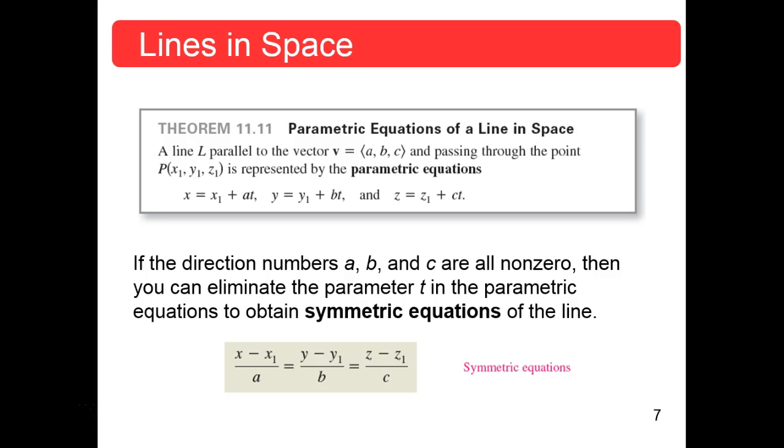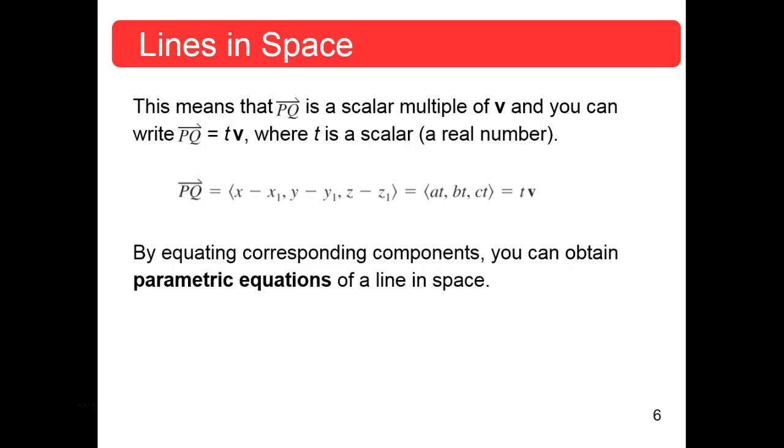If they are all non-zero, then you can eliminate the parameter t in the parametric equations and solve to obtain symmetric equations of the line. So, in other words, solve this for t, and you get x minus x1 divided by a. In fact, it's far easier getting that by going here and dividing.